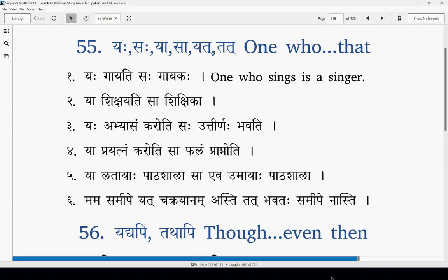In that case, when it is used in the same sentence, then it is a visheshanam, and it has to be in the same linga, vachana, vibhakti of the visheshyam. In this case, balakah. Sah balakah asti. Balakah is pullinga, ekavachana, vibhakti is prathama. So we use sah.